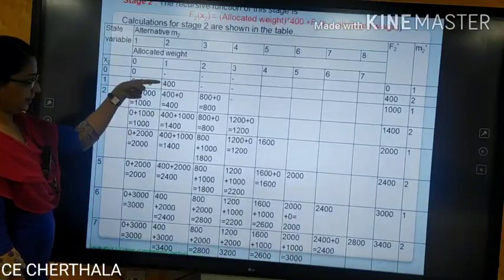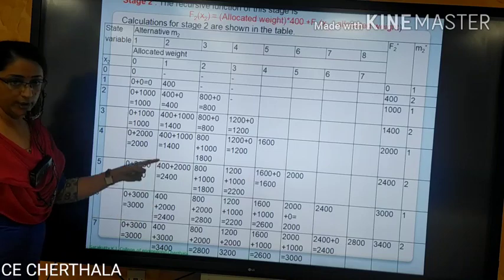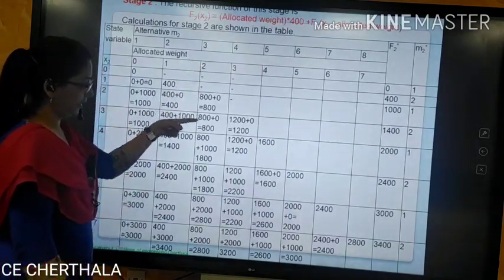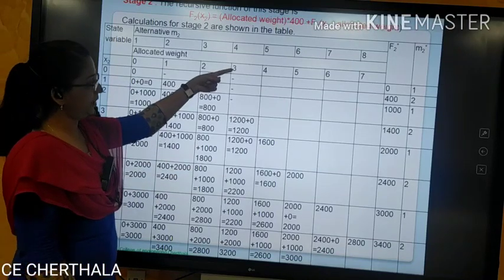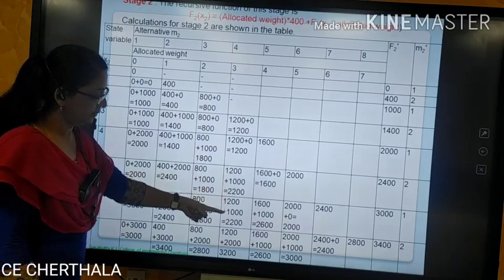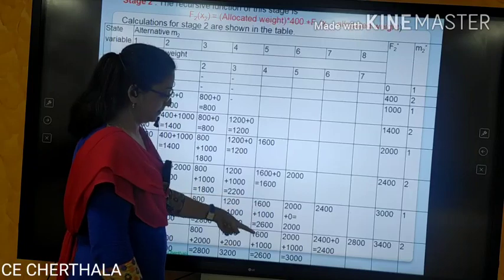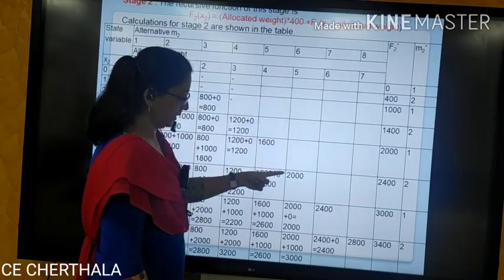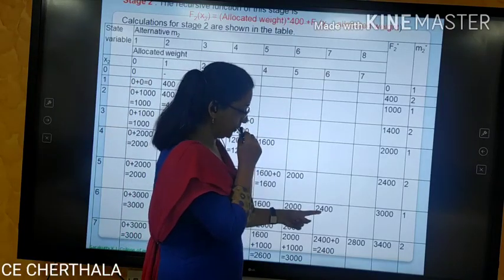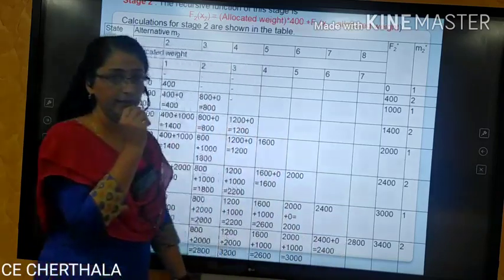That's why here it is 400 plus, 400 plus. All the cells have first term 400. Corresponding to 2, 400 into 2, 800, 800 plus. Corresponding to 3, 3 into 400, 1200. Here 4 into 400, 1600. 5 into 400, 2000. Then 6 into 400, 2400. And 7 into 400, 2800.